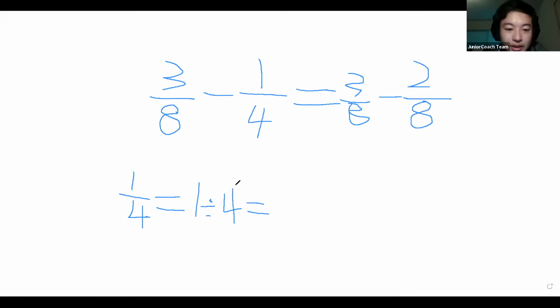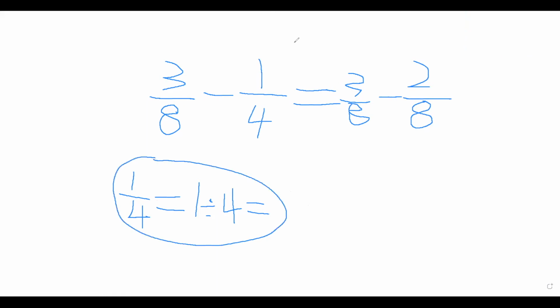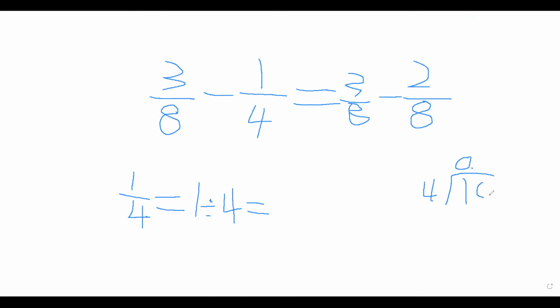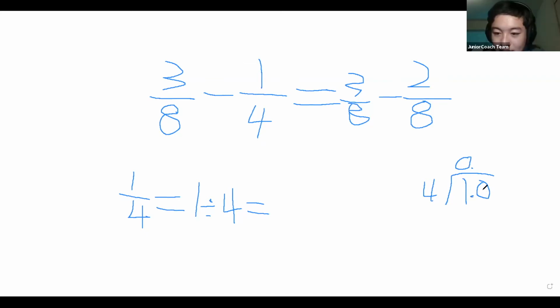If you were to calculate the decimal, you do long division, 1 divided by 4. That is not 0.4444. Looking at it, we do long division, all right?